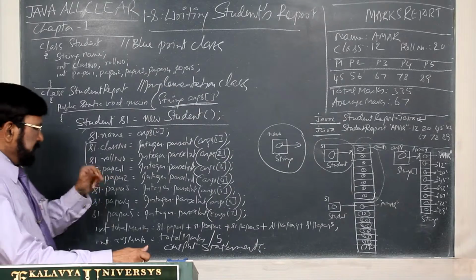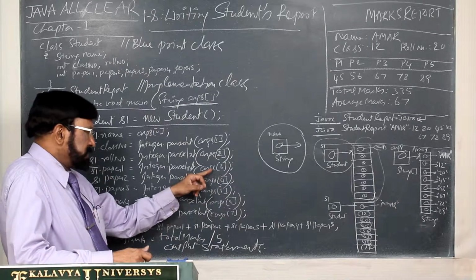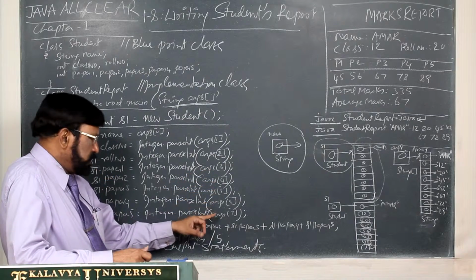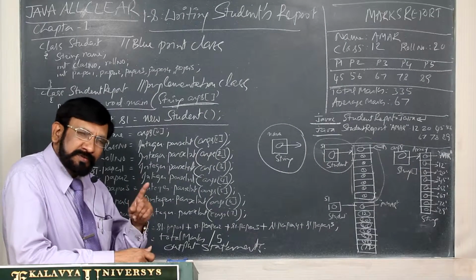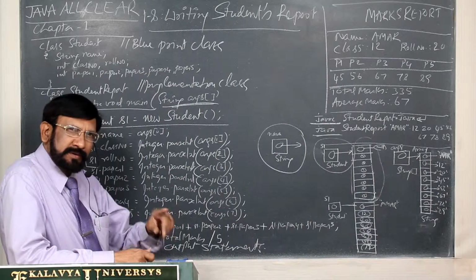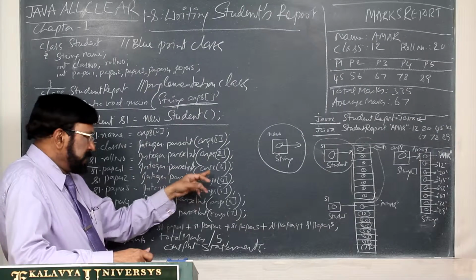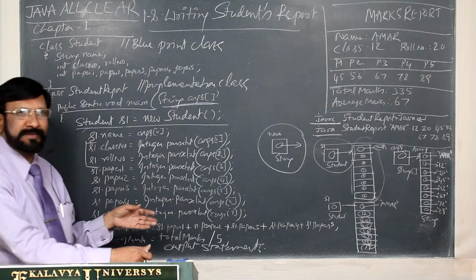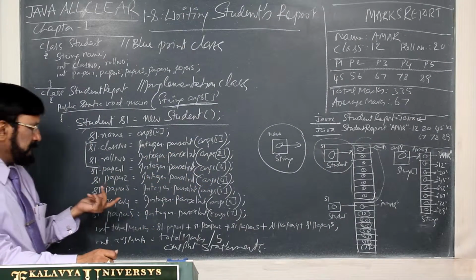Now, the remaining 5 data items are there: marks 1, marks 2, marks 3, marks 4, marks 5. Obviously, you must convert strings into integers. Otherwise, we cannot perform any operations.